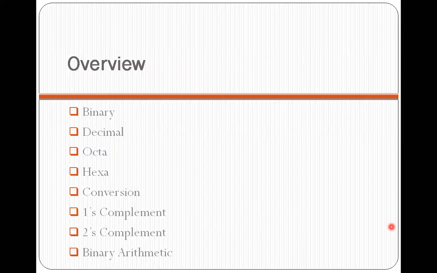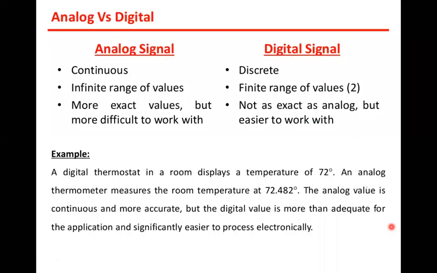Okay, before we go into what exactly binaries are and what exactly digital is, let's have a little comparison between analog and digital. Analog signals are continuous, with an infinite range of values, more exact values, but more difficult to work with.